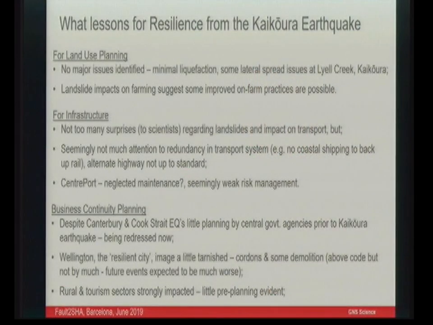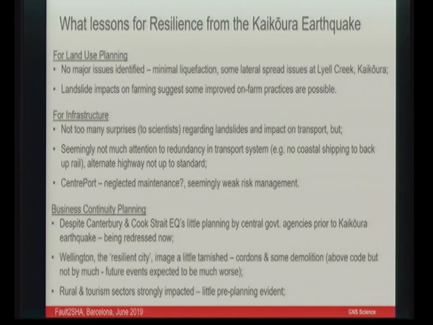For us, around this question of resilience, going beyond geology and paleoseismology and hazard into resilience and risk: from a land use planning perspective, this was a rural earthquake, not too much problem. Minimal liquefaction, not too bad. The landslide impacts on farming were pretty big, but what do you do in a farming country? Maybe there are going to be some changes to on-farm practices. Infrastructure, no surprises to scientists, but that road and railway along that coast, the rocks were waiting to fall down.